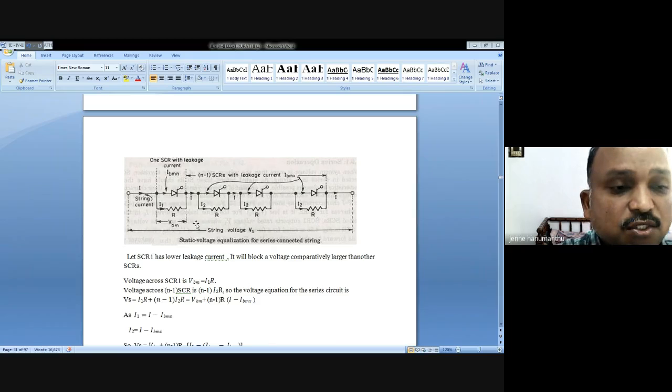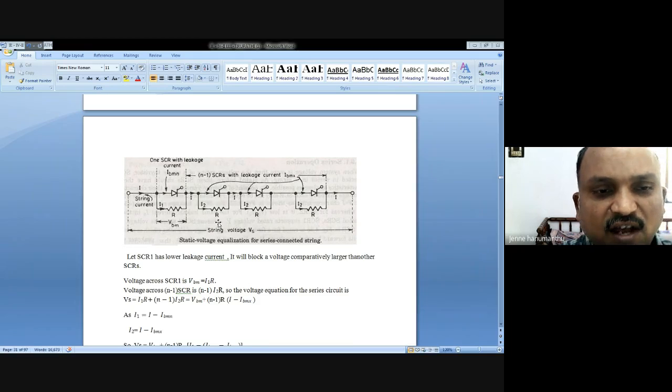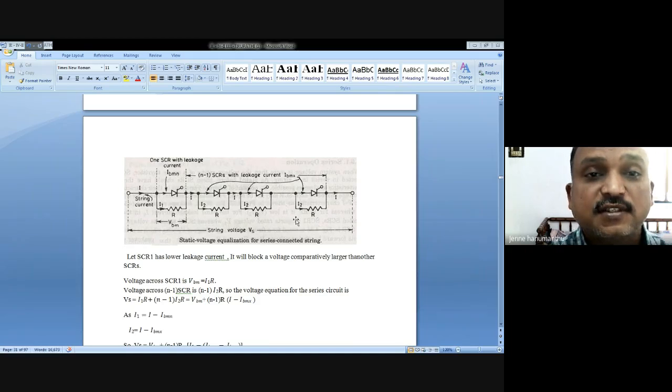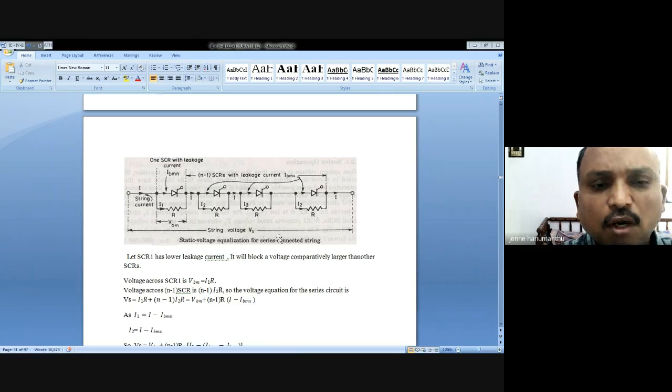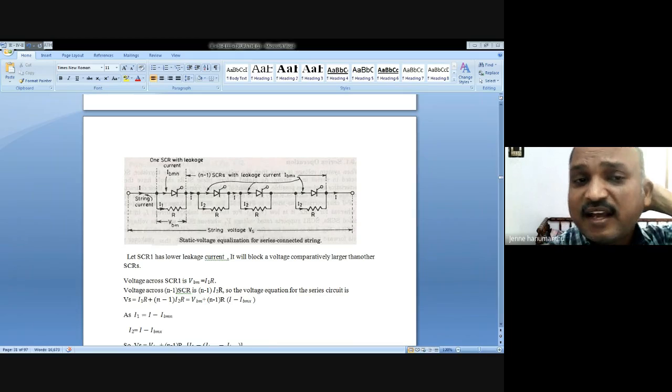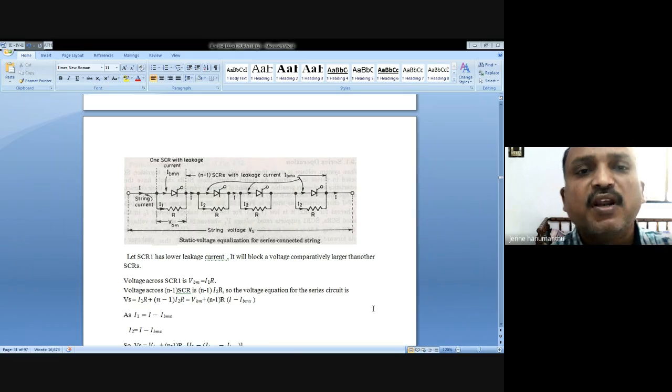Under series the current is the same. So we are connecting equal resistors of the same value, but we need to calculate the drop across, and we need to calculate the total drop, the string voltage. Vs refers to the total drop across all the thyristors which are connected in series. Say n thyristors, small n thyristors I connected in series.